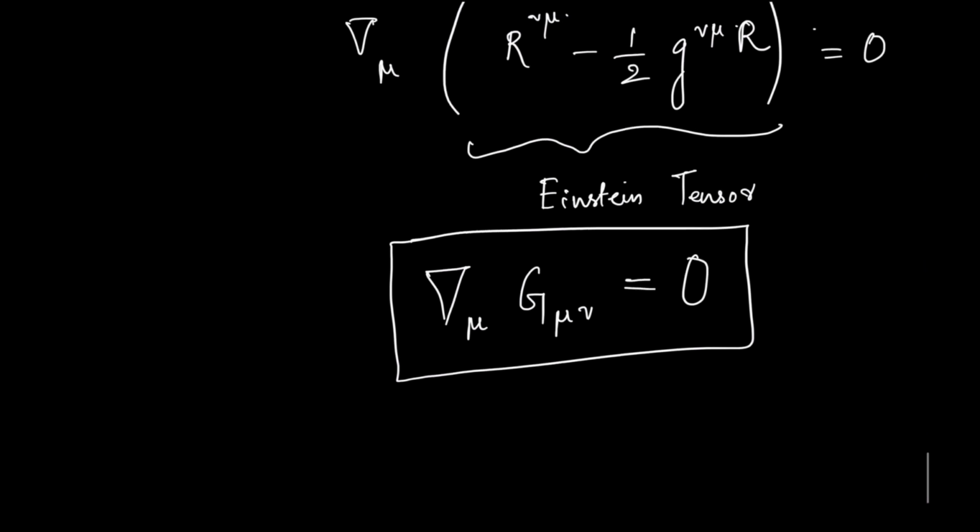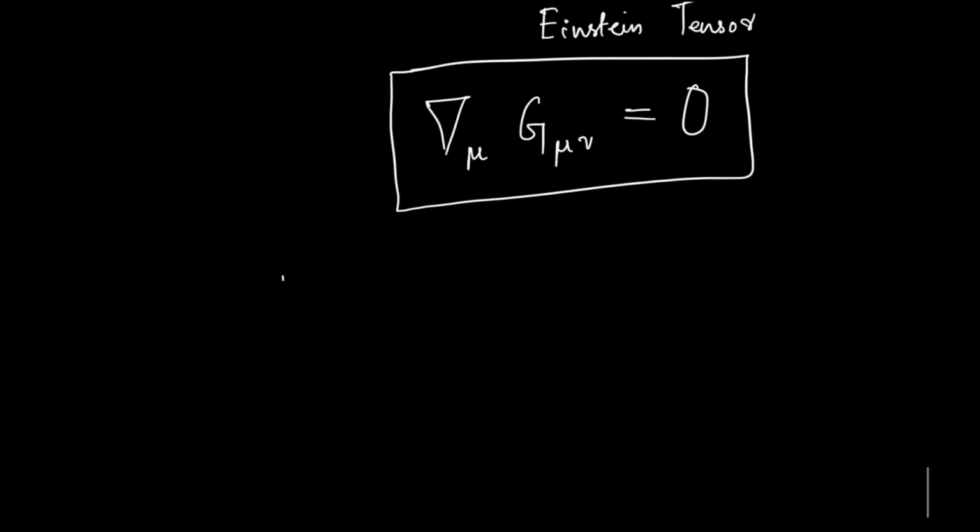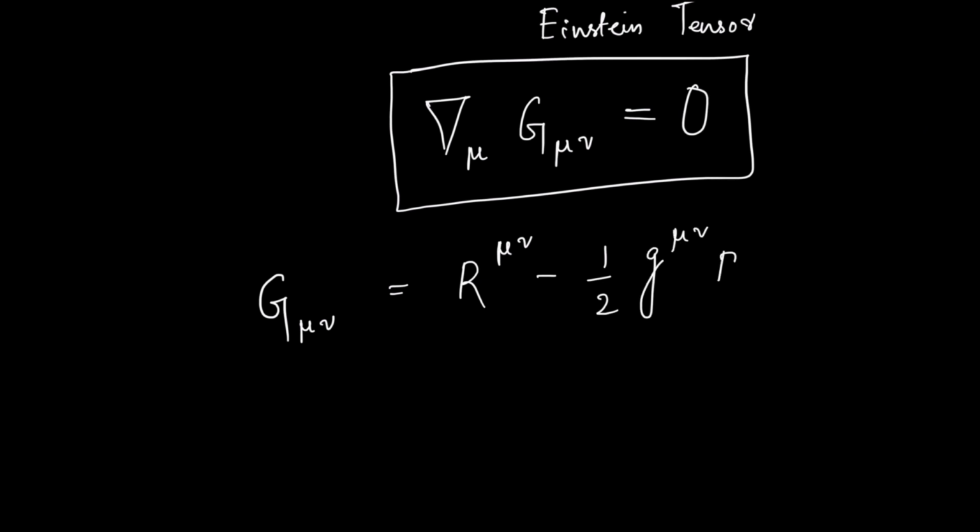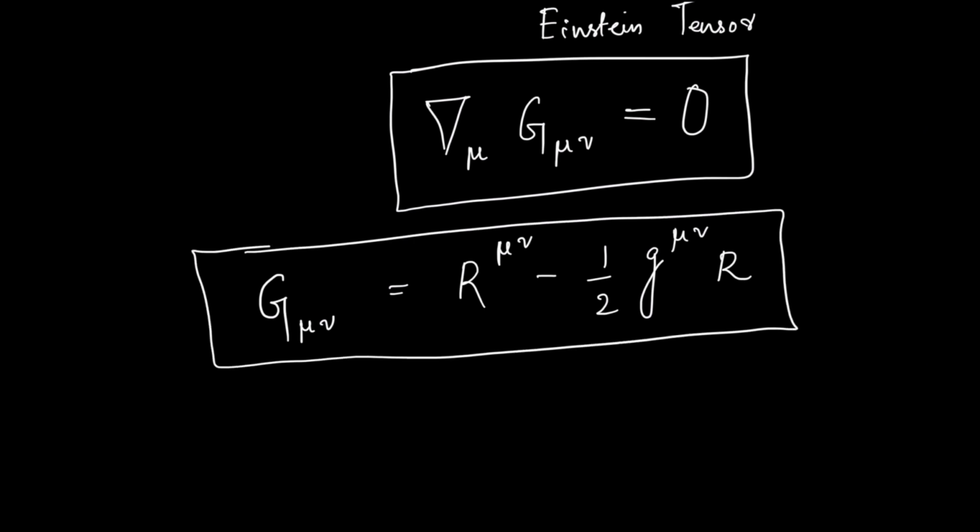So this is the Einstein tensor. Einstein tensor G mu nu is equal to R mu nu minus 1 by 2 g mu nu R. This is known as the Einstein tensor.